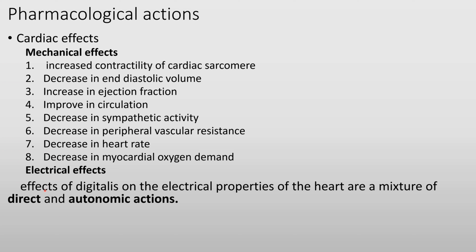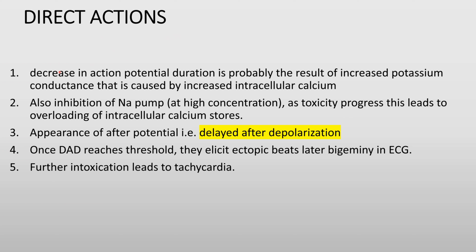The effects of digitalis on electrical properties of the heart are a mixture of direct and autonomic actions. Direct actions of digoxin: it decreases action potential duration, which is probably the result of increased potassium conductance caused by increased intracellular calcium, and also inhibition of the sodium-potassium pump. As toxicity progresses, this leads to overloading of intracellular calcium stores.